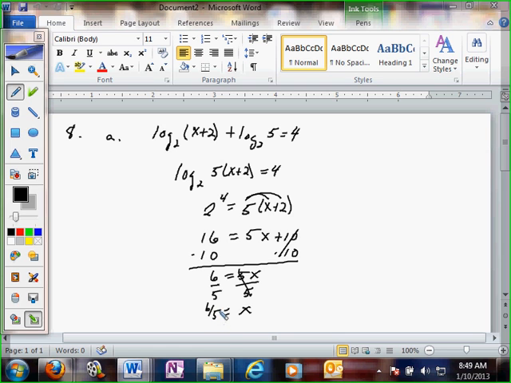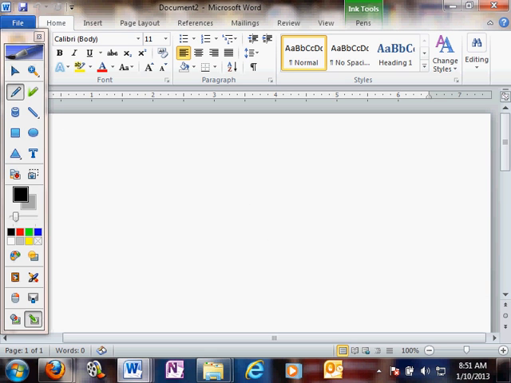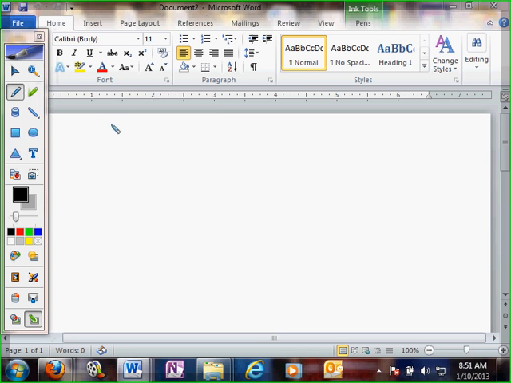Now, for any of the problems such as B, C, and D, you want to condense those logarithms on the left side of the equal sign and do those problems just like I did this one. But what happens when you have logarithms on each side? It might even be easier.